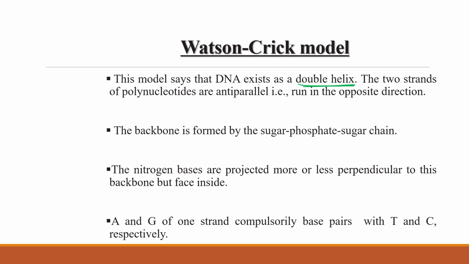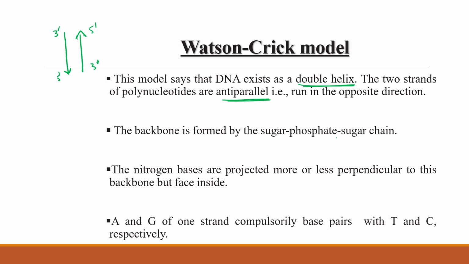So this model says that DNA exists as a double helix. The two strands of polynucleotides are anti-parallel, meaning they run in opposite directions. If the first one runs like this, then the other runs like this, with the 5 prime end over here and the 3 prime end present at the top side. Okay, and the backbone is formed by the sugar phosphate sugar chain.